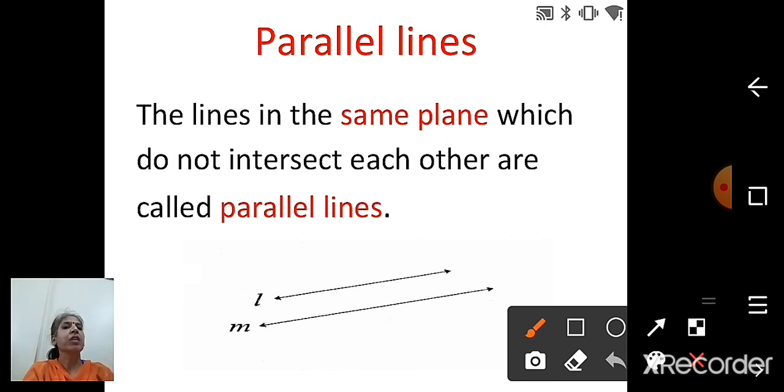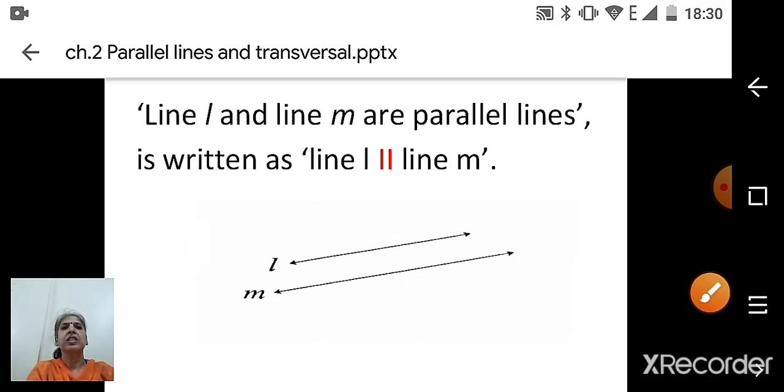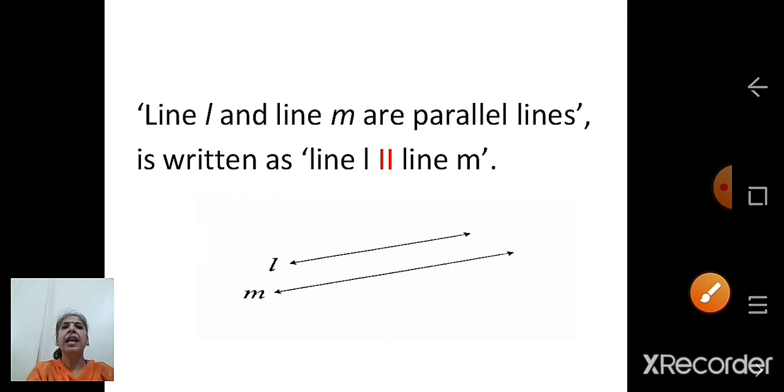So here also two lines are given, line L and line M. These two lines are in the same plane and do not intersect each other. So line L and line M are parallel lines.